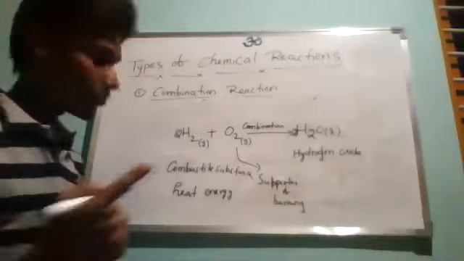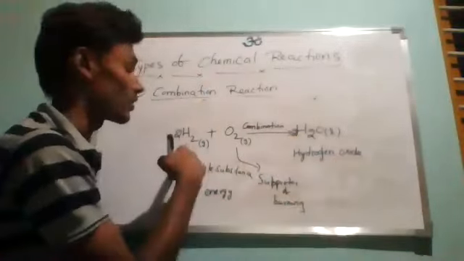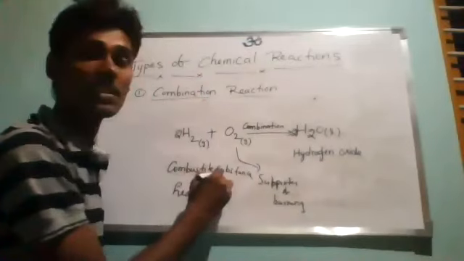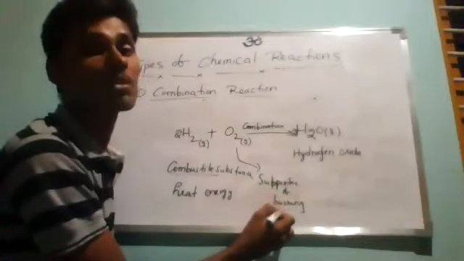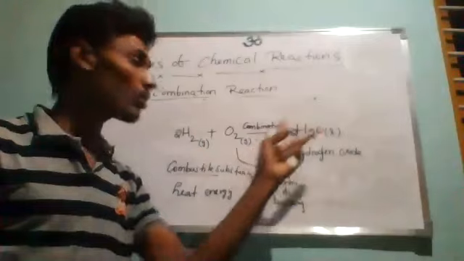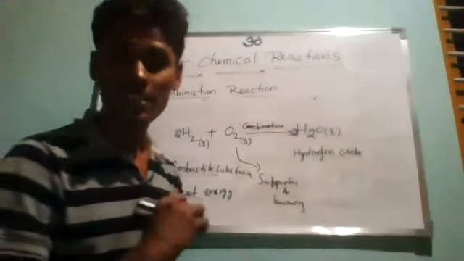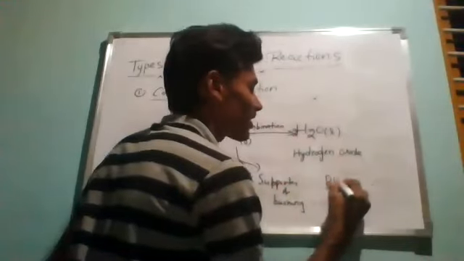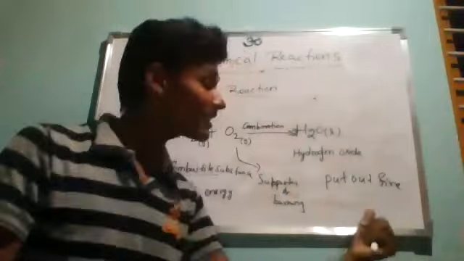Now see, one of the substances involved in the formation of hydrogen oxide is hydrogen, which is highly combustible in nature, and the other is oxygen, which is the best supporter of burning reactions. But by combining these two, the product formed, hydrogen oxide, puts out fire. Means it will extinguish the fire.